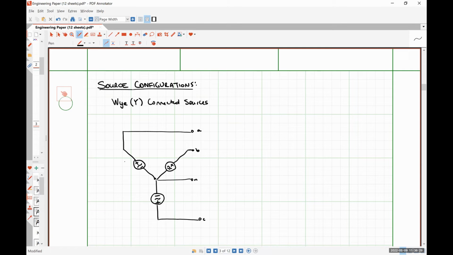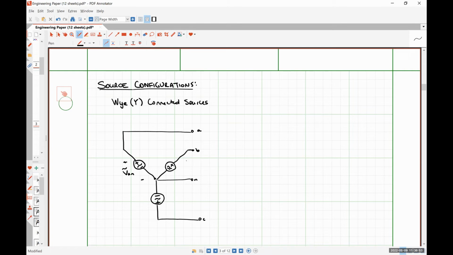So this would be an RMS phasor voltage, VAN, because it's measured between the A terminal and the neutral terminal. I'm using lowercase subscripts to indicate that we're talking about the source side of the system.